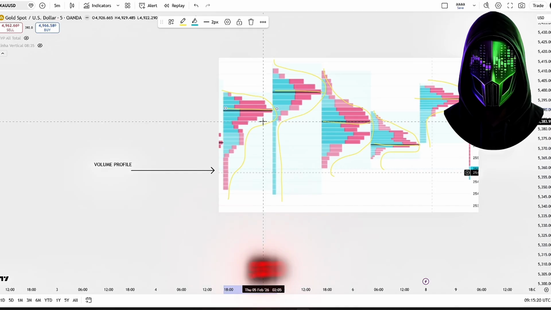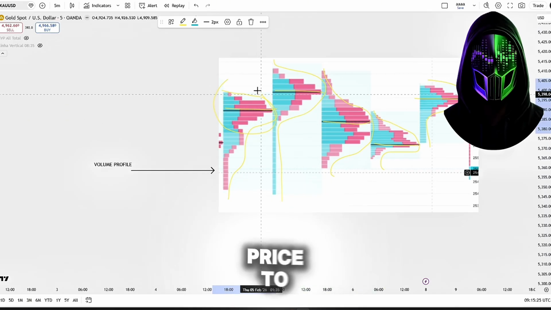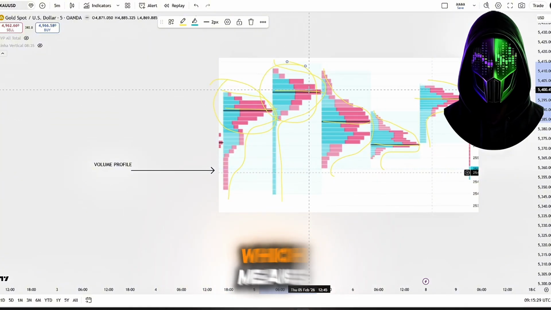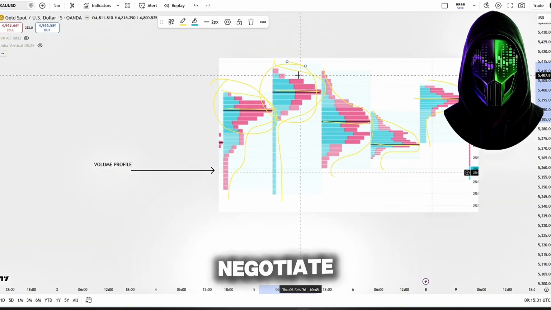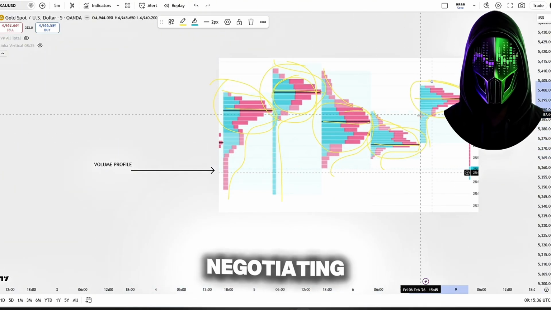The players think it's a fair price to negotiate here because we have the most volume, which means they are comfortable enough to negotiate in this area. They are comfortably negotiating here.